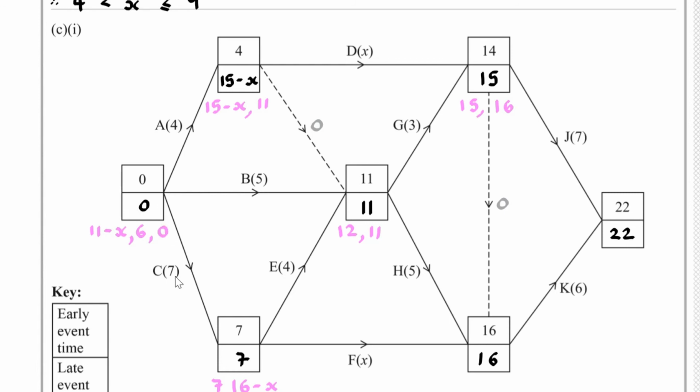Well, 0 plus 7 is 7. Then we have 7 plus the 4, which is 11. Then we have 11 plus 5, which is equal to 16. 16 plus 6 is 22.